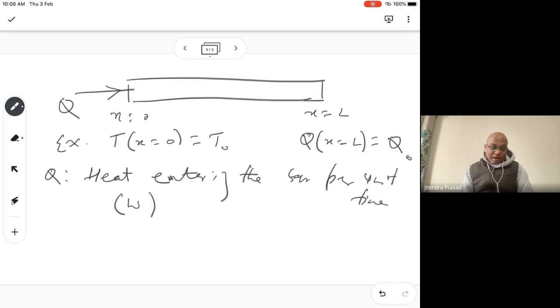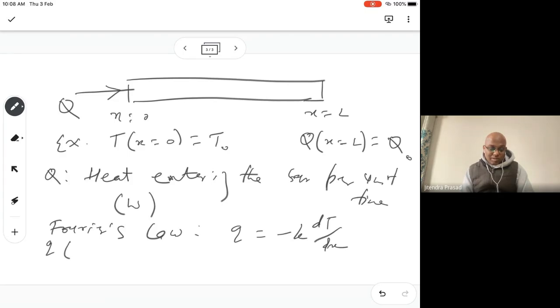Now if you apply Fourier's law, we know that the flux q is given by minus K dT over dx. This flux q has units of watts per meter square because it is a flux, right?